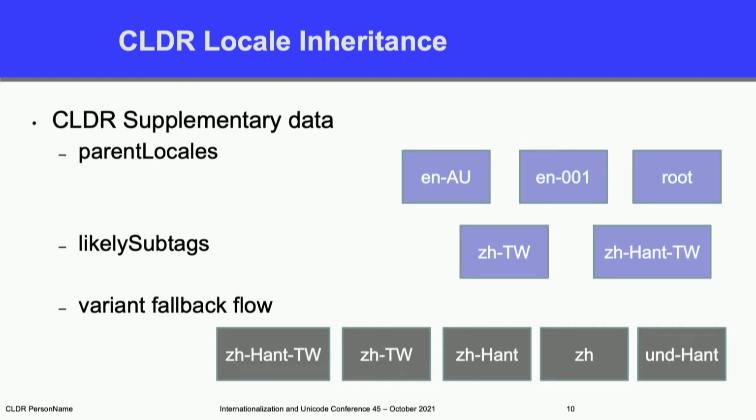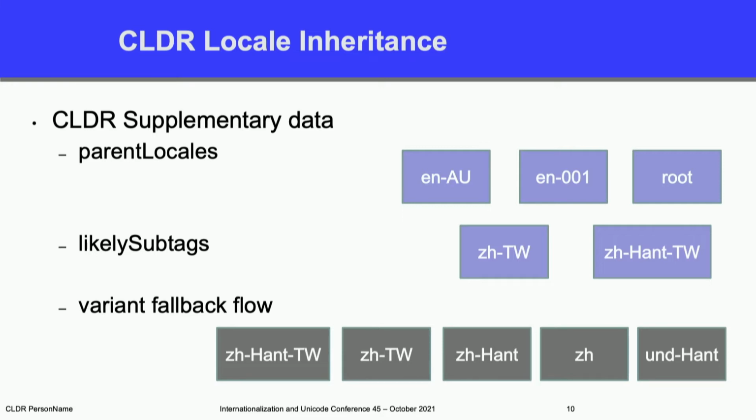So CLDR also has something, as it starts getting to locale inheritance. They have something in the supplementary tables called parent locales. So there will be a parent locale and then a long list, and everything in that list is assumed to have the same weight.